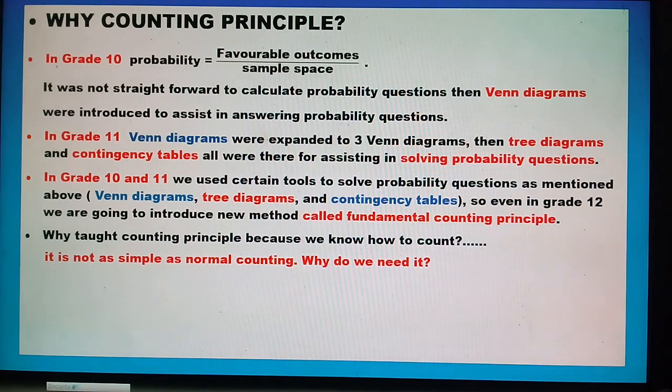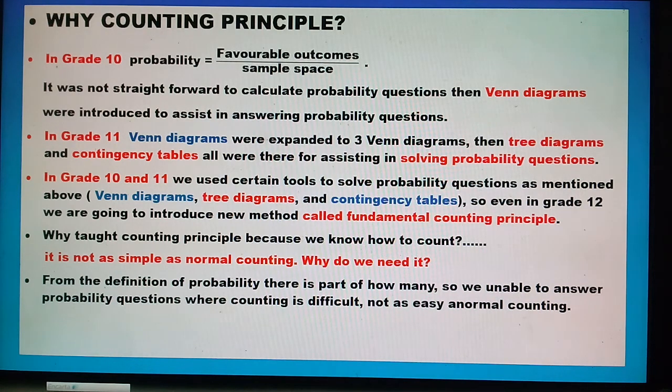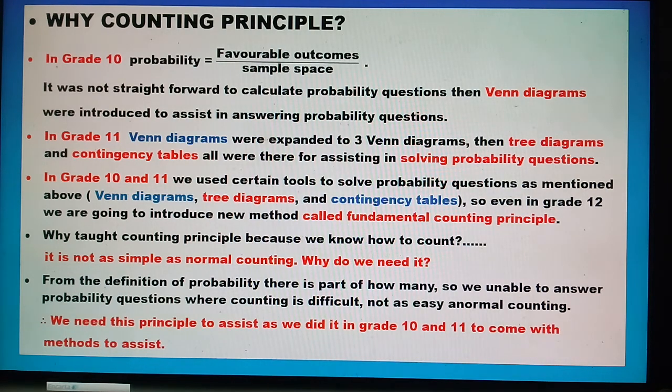Why do we need counting principle? From the definition of probability, there is a part of how many, that is the part of outcomes. So we need to answer probability questions where the counting is difficult in Grade 12, not as easy as normal.